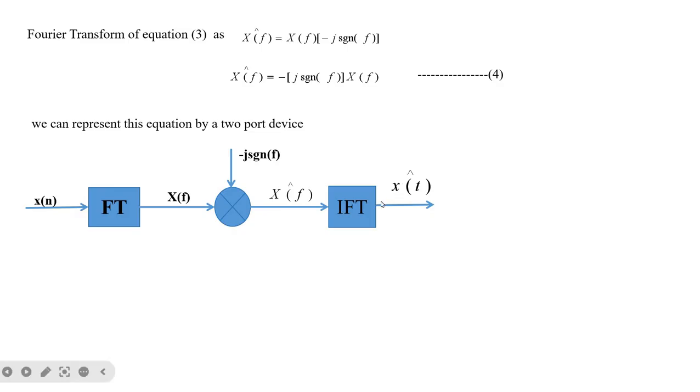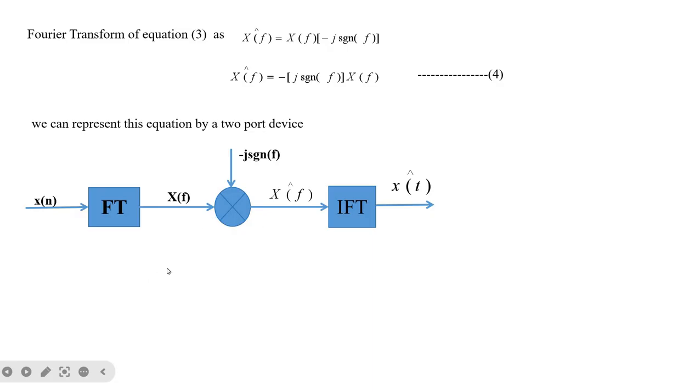So if you take Fourier transform of x of t, we will obtain capital X of f. Now we have multiplied this with the signum function and we will obtain X cap of f. If we take the inverse Fourier transform of X cap of f, we will get x cap of t.